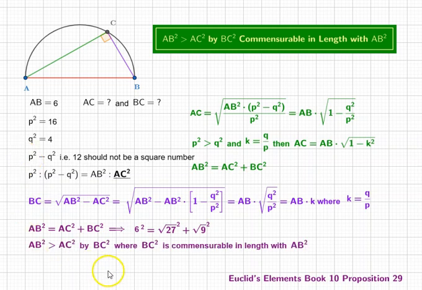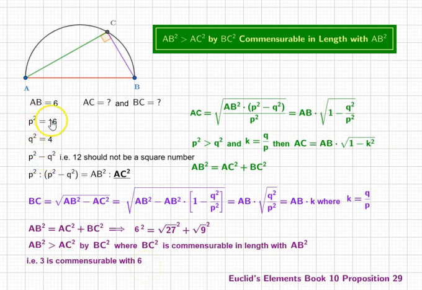So now we can say AB square is greater than AC square by BC square, where BC square is commensurable in length with AB square. BC square is square root of 9 square. AB square is 6 square. In length means you just ignore the squares. So square root of 9, which is 3, is commensurable with 6.